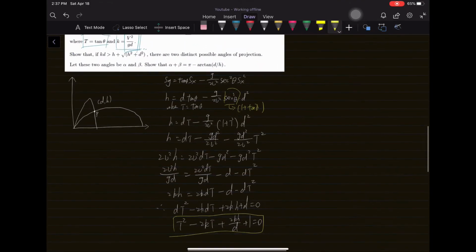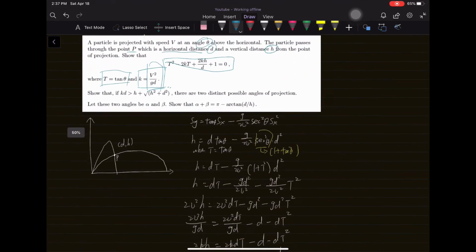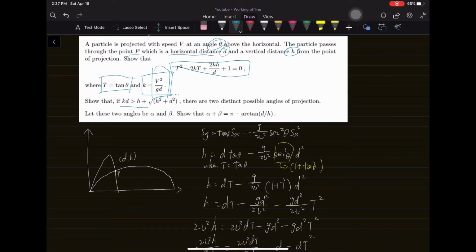Okay, keep going. It says show that if kd is greater than h plus square root h squared plus d squared, there are two distinct possible angles of projection.